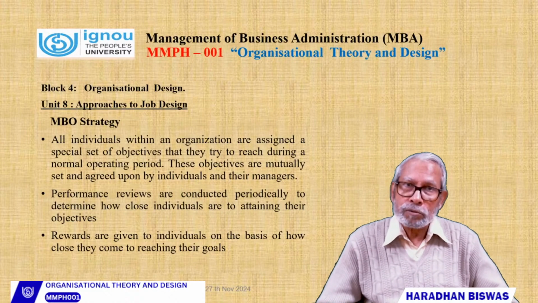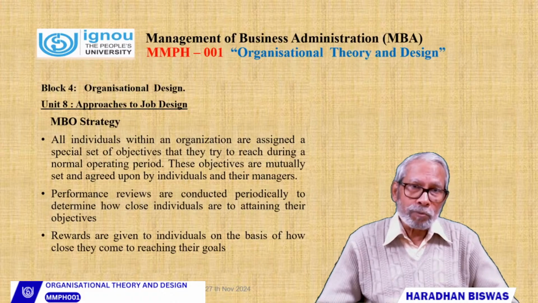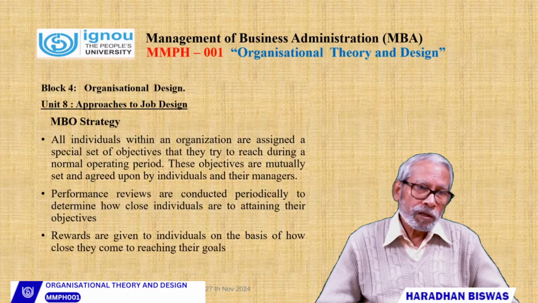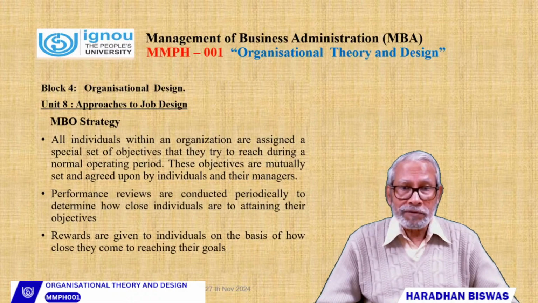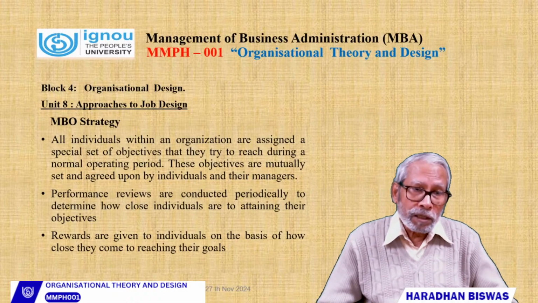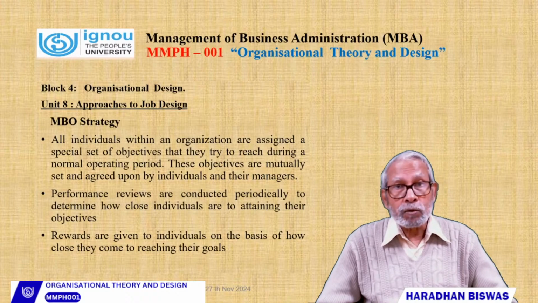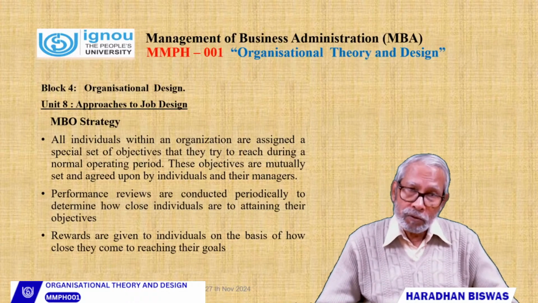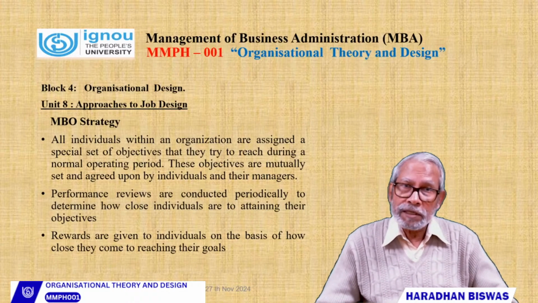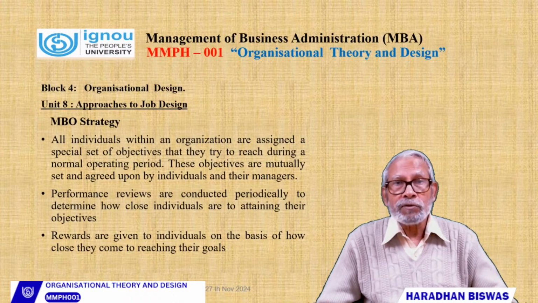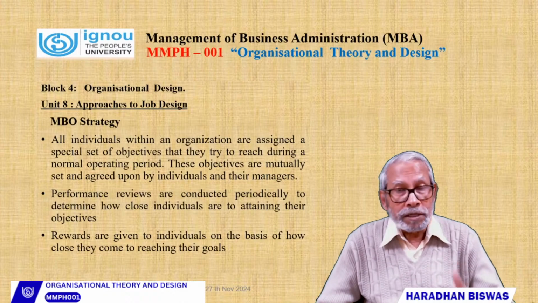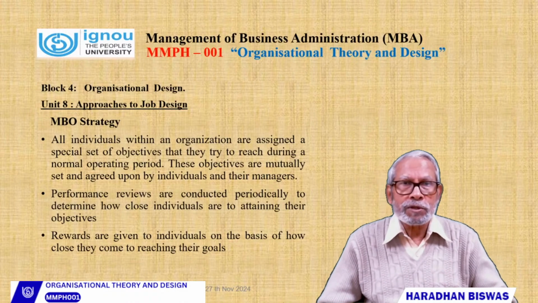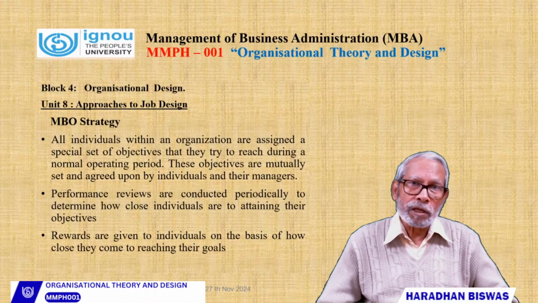Third, rewards are given to individuals on the basis of how close they come to reaching their goals. If he reaches the goals, then he has definitely fulfilled the target 100%, and you have to give a reward. If he reaches 90%, give some appreciation or some money amount.